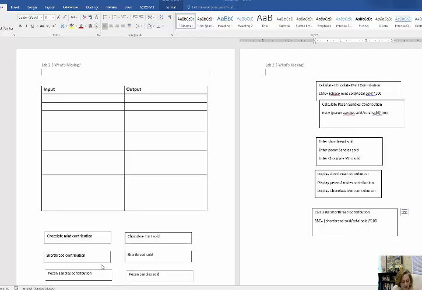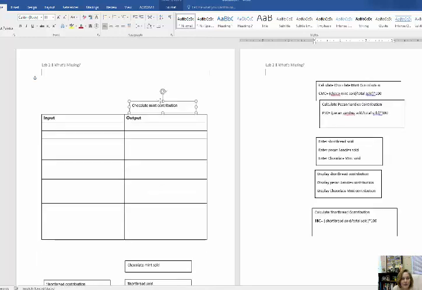The instructions above say the club leader wants a program that displays the percentage each cookie type contributes to the total sales. So we know that anything that says contribution is going to be output.